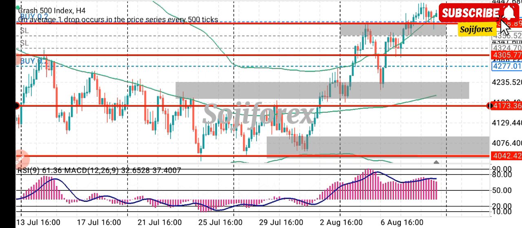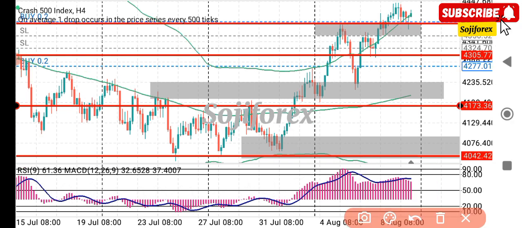So the first thing you need to do when you open your chart on any asset, mark out your support and resistance, area of supply and area of demand. So these zones that I've marked are my area of support and resistance. Here I have a support. I have another support zone here.